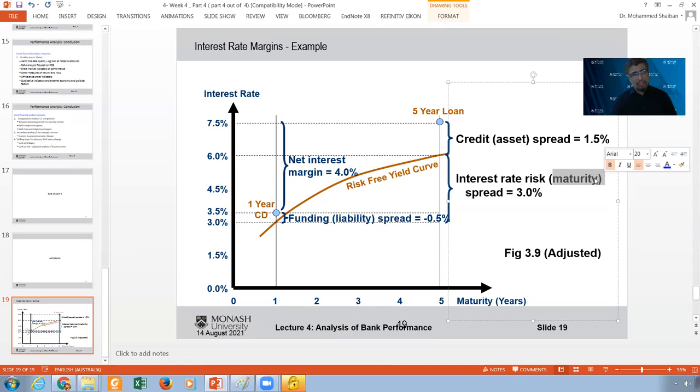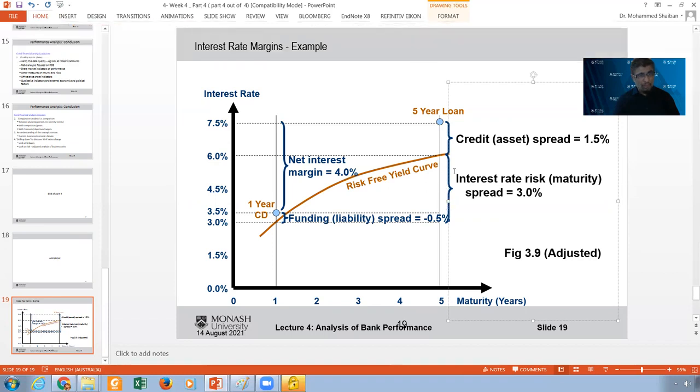You don't know what will happen in the next 30 years, and this is why the return increases over time. So the risk-free rate if you invest in a T-bill in the US for 10 years is different from when you take a treasury bill for 90 days. So the rates are actually different, and this difference is the maturity, which is coming here.